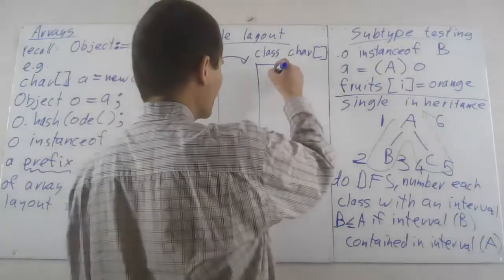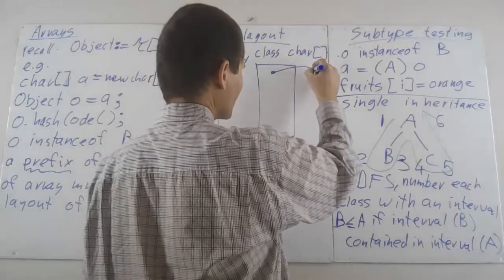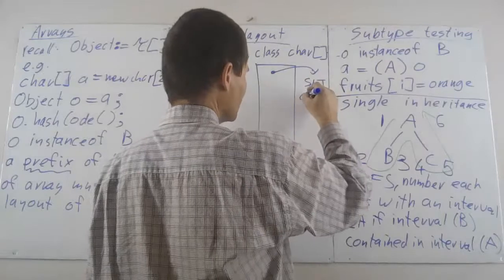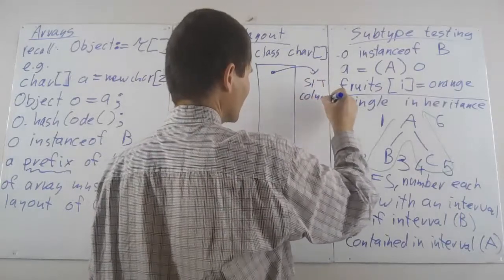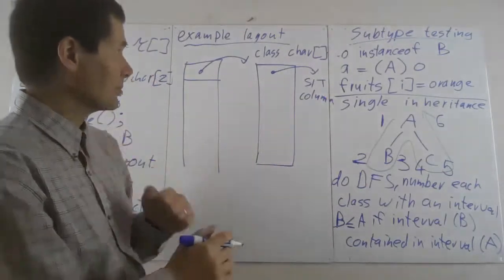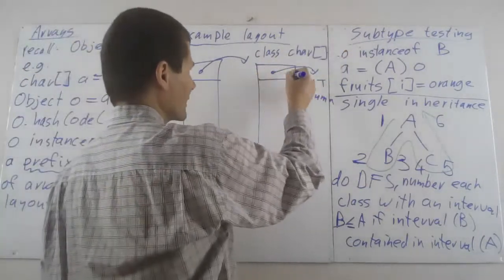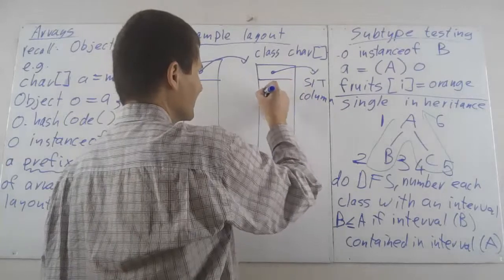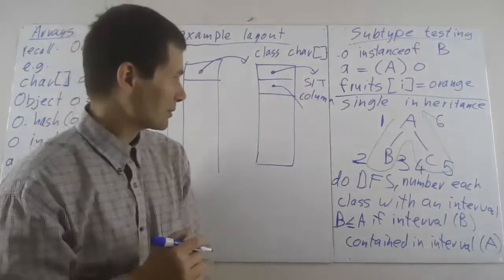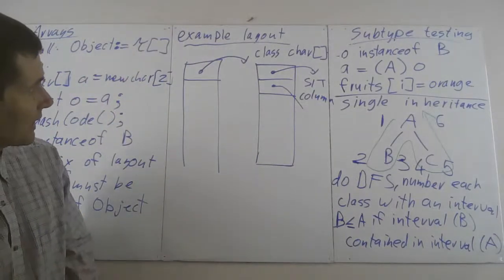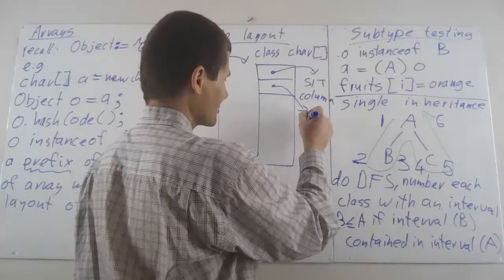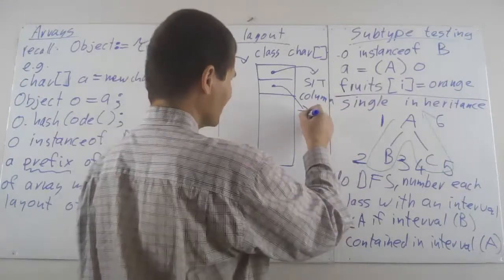Okay, and so I might have a pointer to my selector index table column. You would need a selector index table column for a character array class, and maybe because arrays also implement a few interfaces, a pointer to the subtype testing table column.